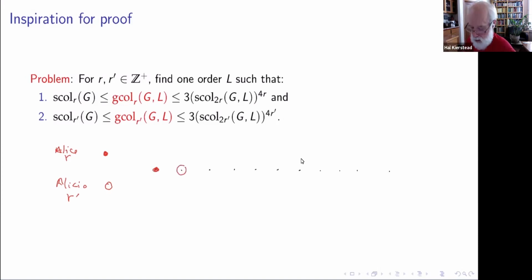so that harmony is preserved in her game. And so Alice thinks of this move by Alicia as really a move by Bob that she has to fix. So she fixes it. And Alicia does the same thing. She fixes Alice's move, treating it as a move by Beto. And that process continues, and we get the bounds we want.